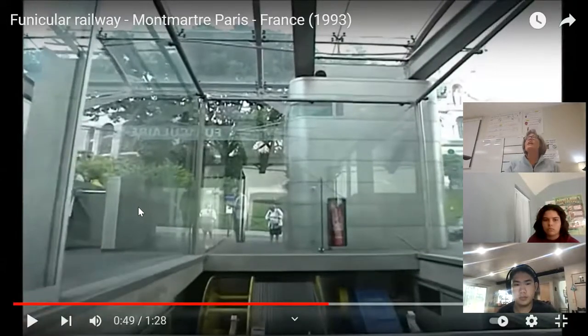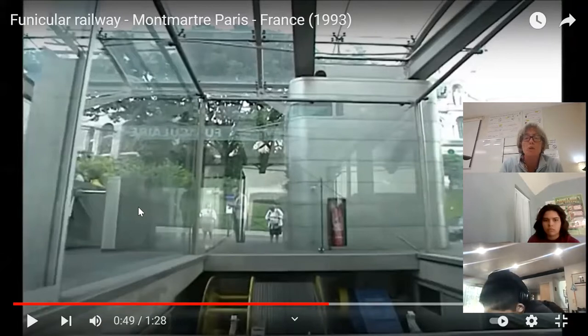So you're going to be finding the length of that railway track, the actual length of the actual track.